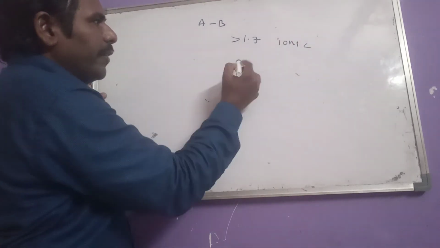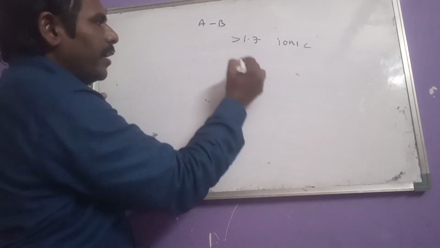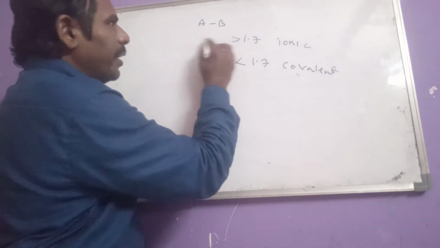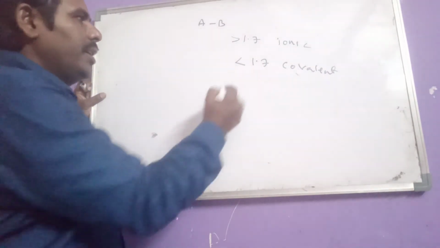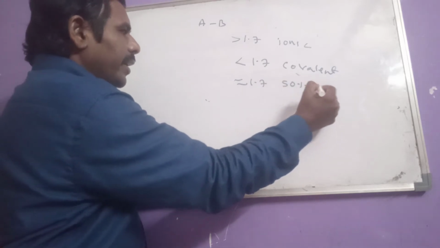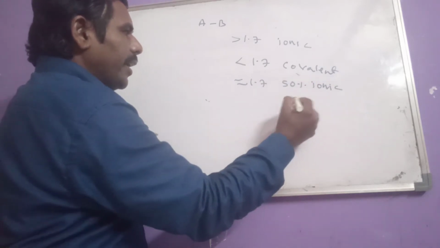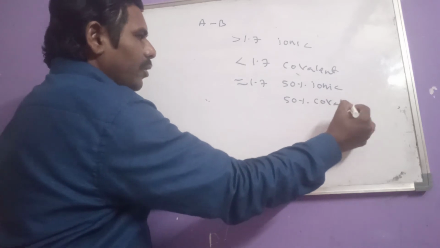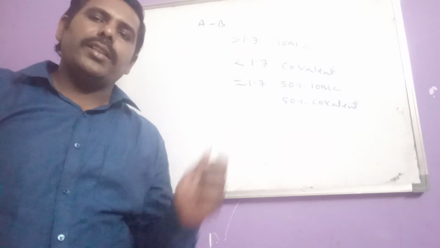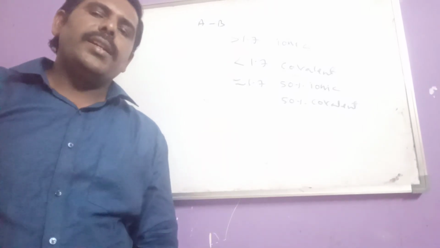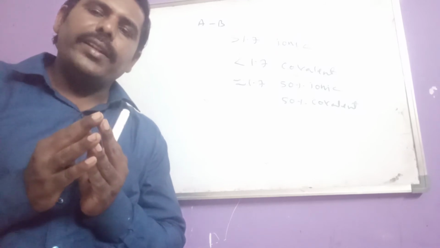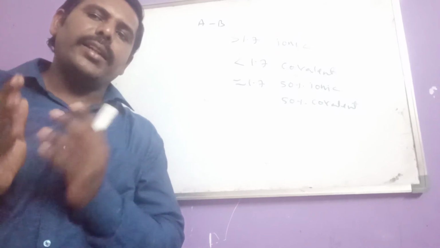If the difference between A and B is less than 1.7, the bond between A and B is covalent. If it is equal to 1.7, that indicates 50% ionic nature and 50% covalent nature. So this is one of the applications of electronegativity.